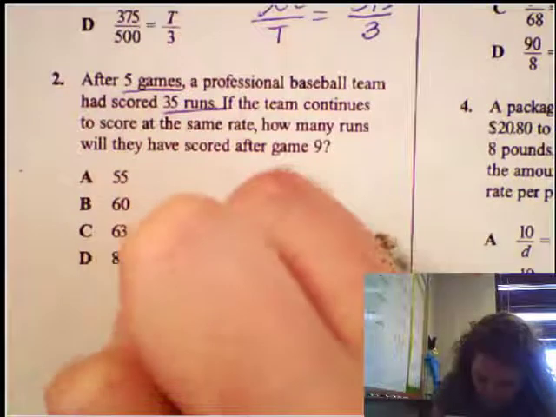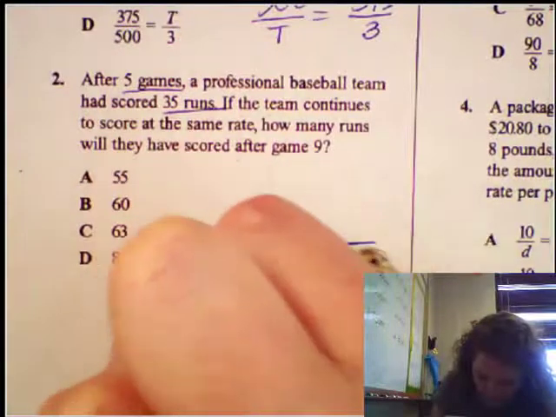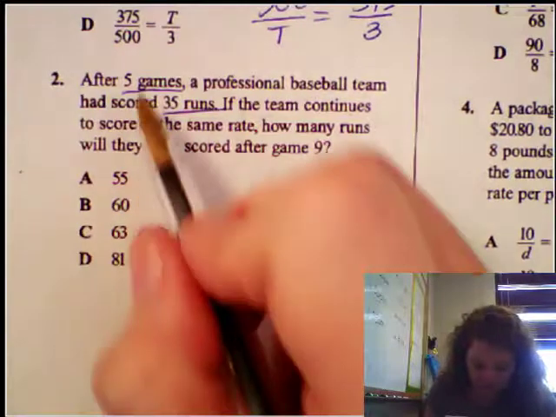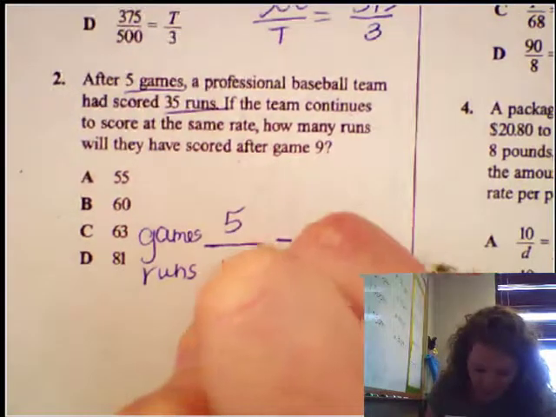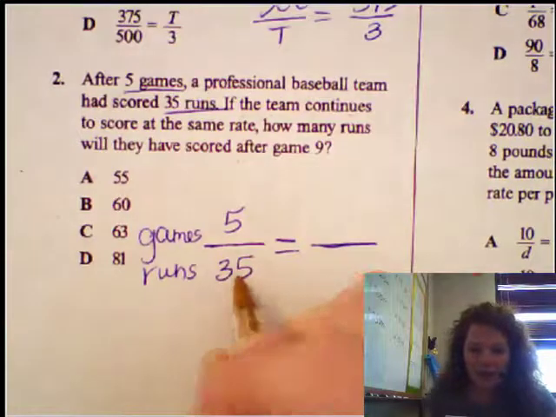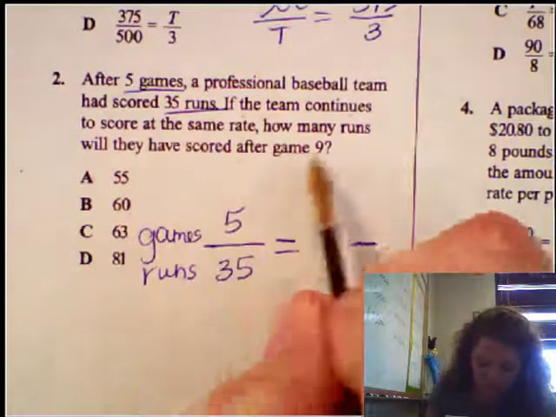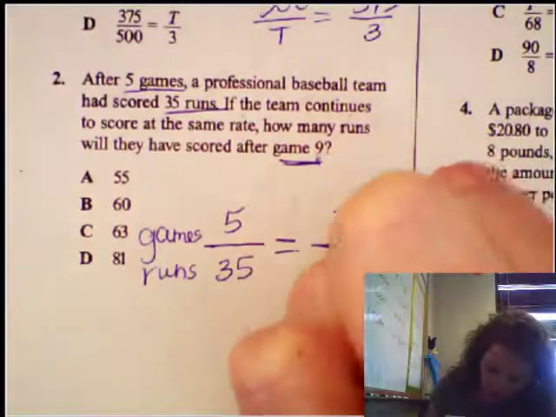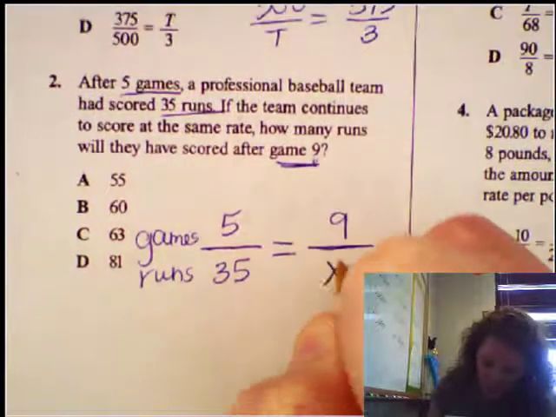Well, it looks like we're comparing games and runs. So games and runs. Let's fill in what we know. After just 5 games, they had 35 runs. If they continue at that same rate, how many runs will they have after game 9? Well, where does this 9 go? It's a game, so it's going to go up top, and we need to solve for x.